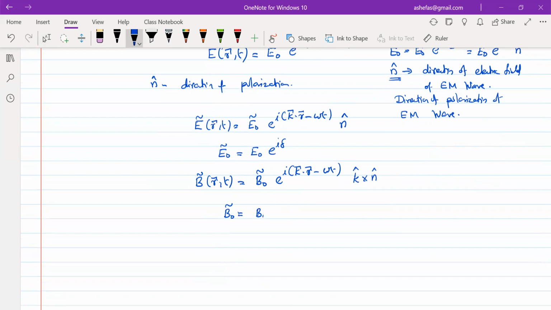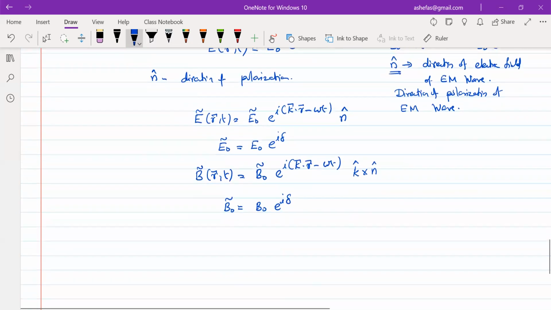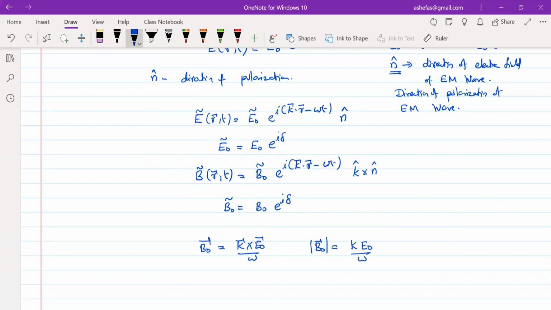Which is B0 times e raised to I delta. Now if you look again at vector B0, which is k cross E0 by omega, we can find the magnitude of B0, that is simply equal to k times E0 by omega, which is E0 by omega by k, and omega by k is the speed of the wave.